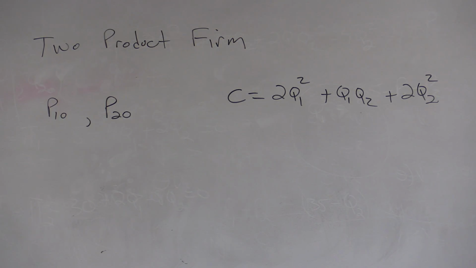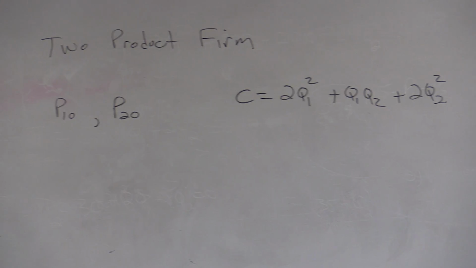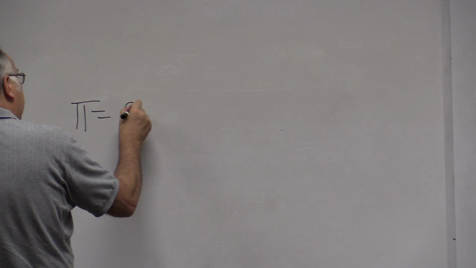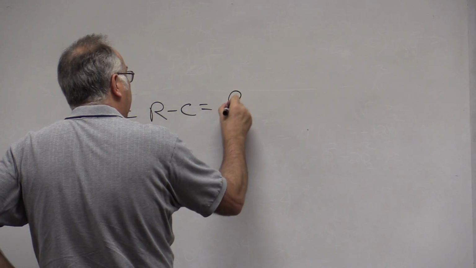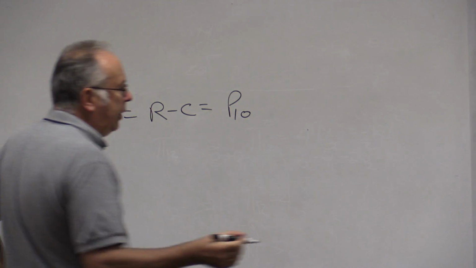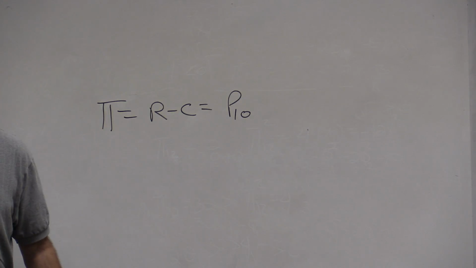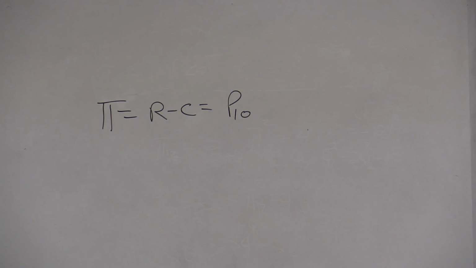Okay, set up the profit function, Will. So can you help us, Will? Okay. Revenue minus cost, that's a good start. Right. Or in this case, we'll call it P1 0. Do they put on the 0, Will? Just to indicate that price is exogenous.